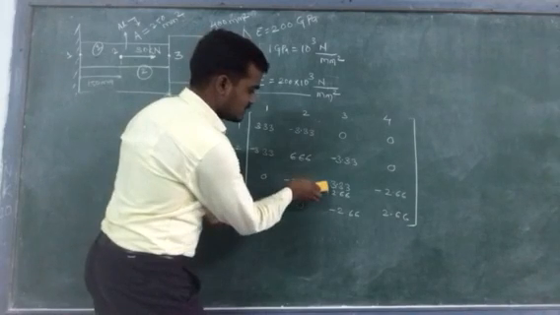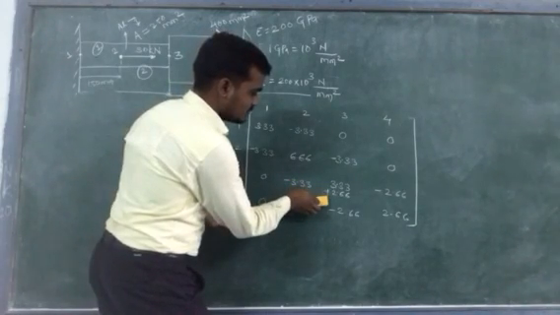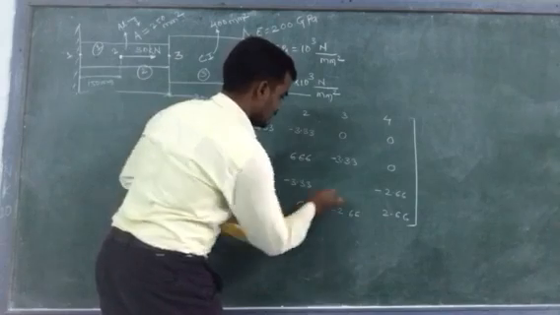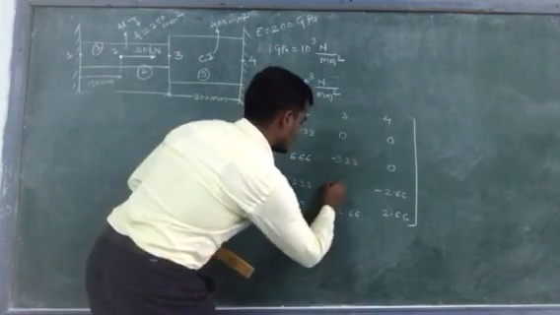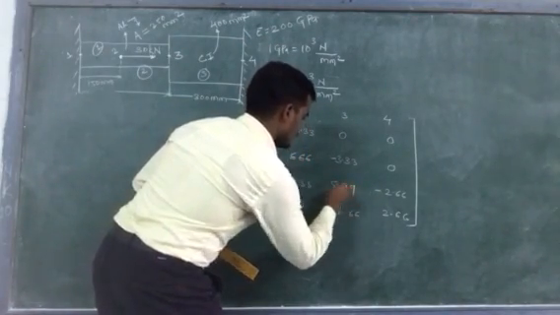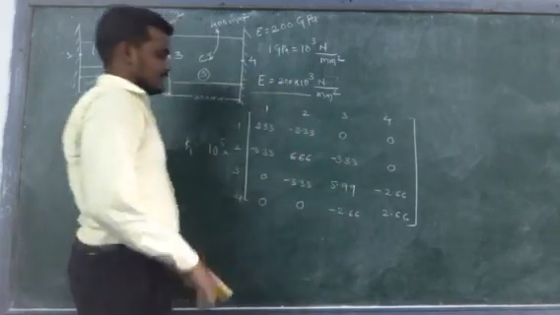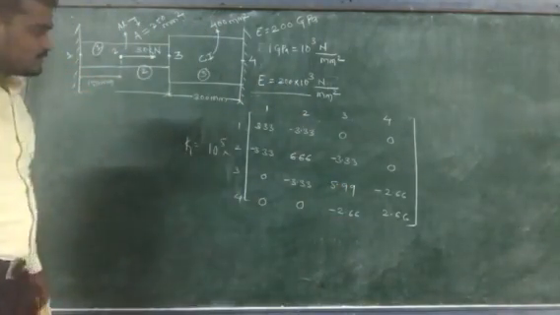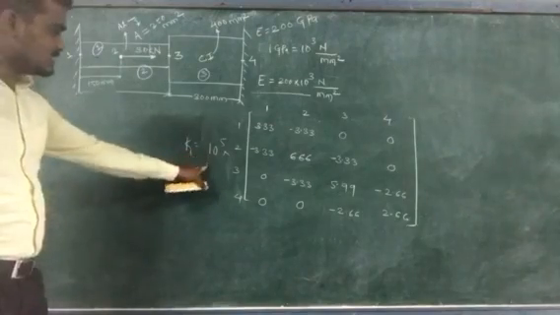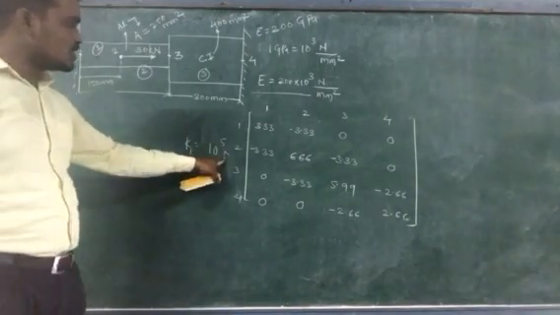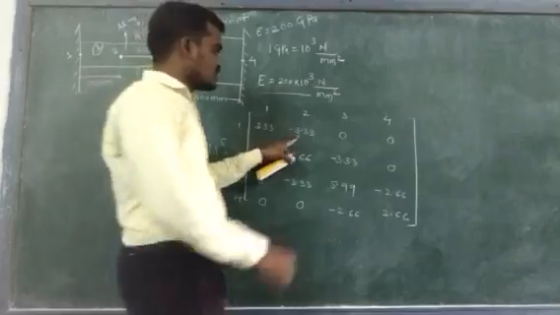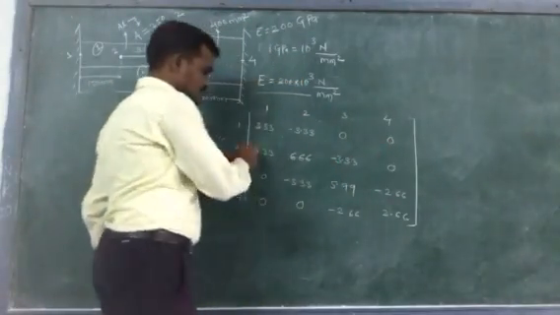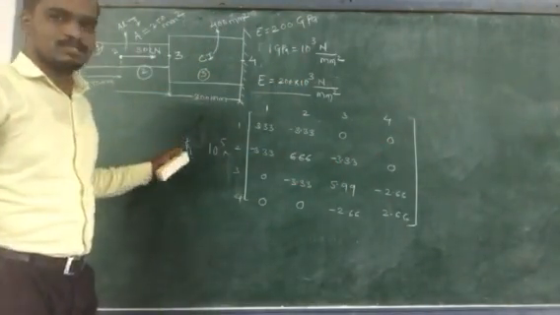Then 3.33 plus 2.66 will become 5.99. By simplification you will get 10 raised to power 5 times the matrix with first row 3.33, minus 3.33, 0, 0. In this way you can write your global stiffness matrix.